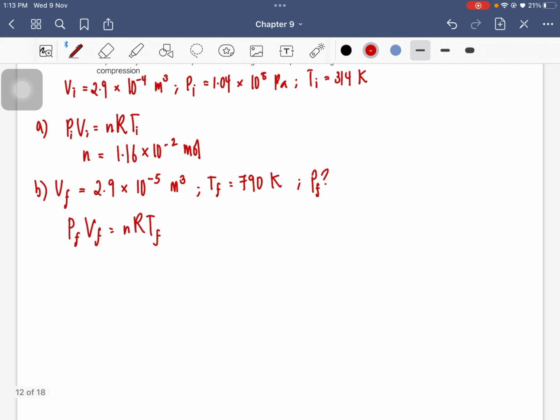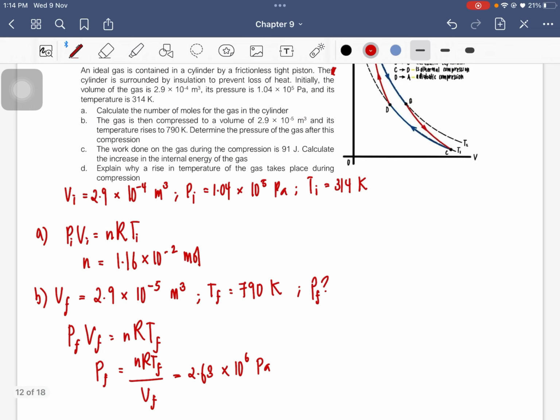Okay, it will be constant. So P final is nRT final over V final. So the pressure that you will get is 2.63 times 10 to the power 6 Pascal. Okay? Okay, question C.